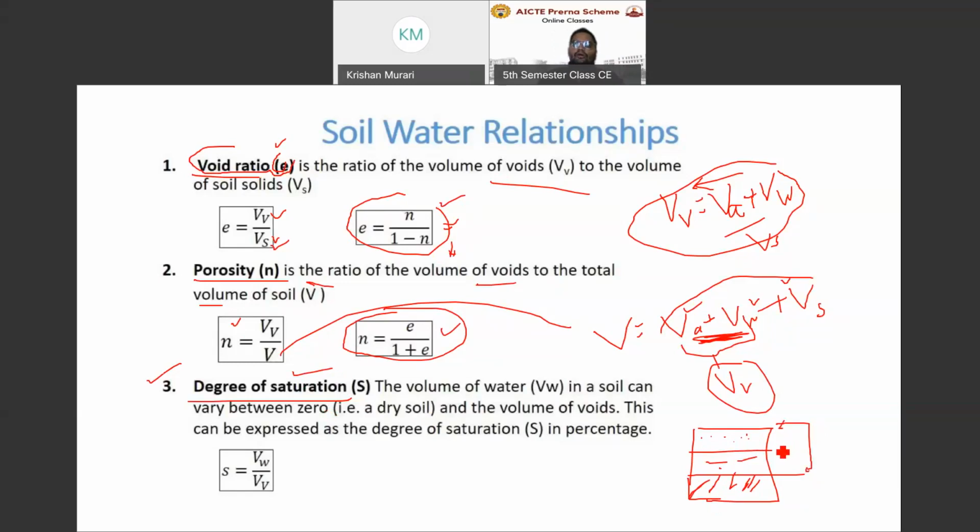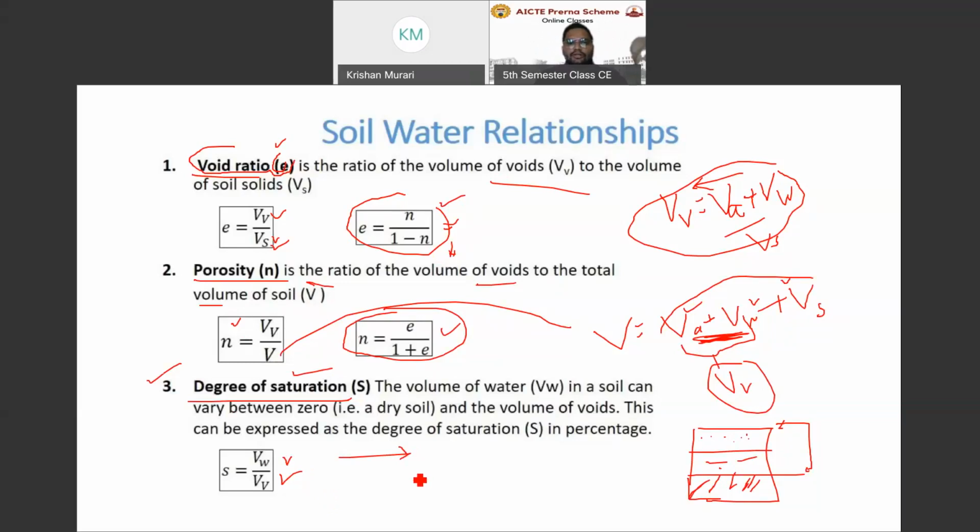How much quantity of water is there in the total voids? Mathematically, degree of saturation is the ratio of the volume of water to the volume of voids, and it represents how much water is in all the voids.